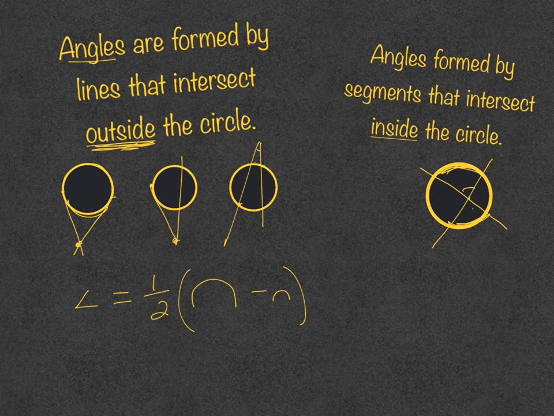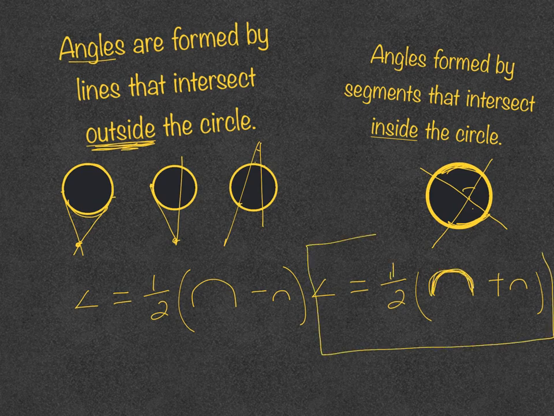Okay, but the only difference between this formula and the one that we had before is that we're going to be adding the big arc and the small arc. So we have the angle is equal to half of the big arc plus the small arc.